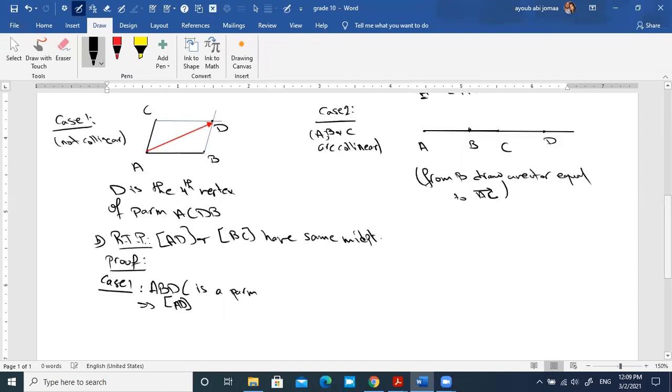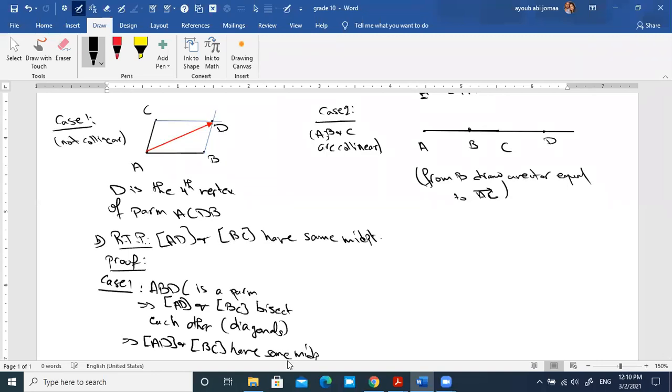This means that AD and BC have the same midpoint. Right. Case one, as I said, it's trivial.